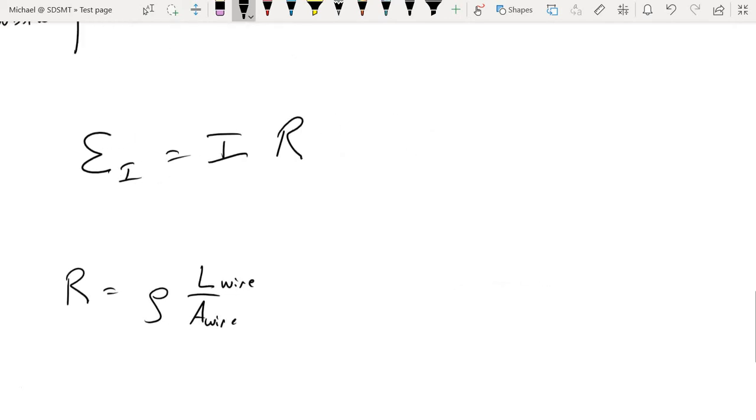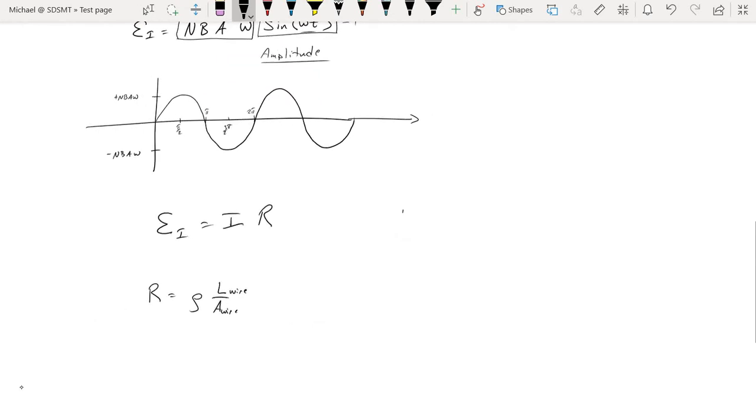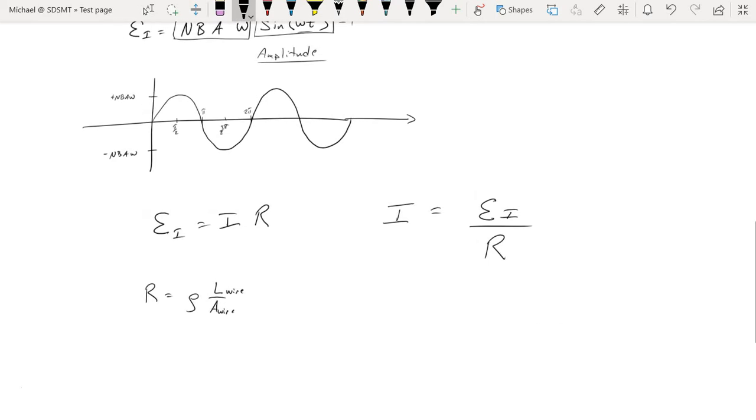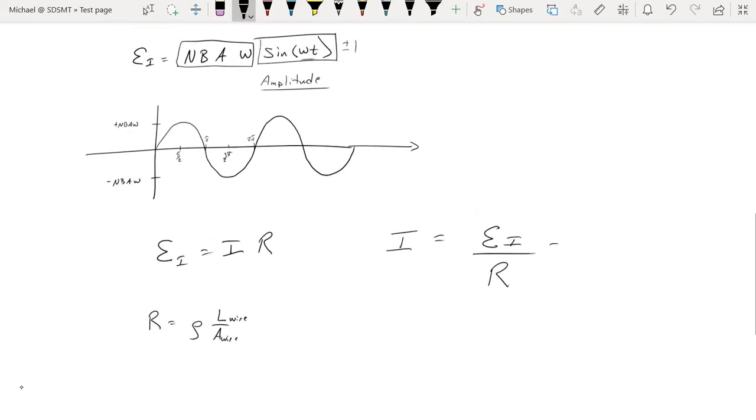As such, the induced current within this coil is only going to differ from the induced EMF by the scalar value of R. So we now have NBA omega over R, sine omega t. Got my parenthesis in the wrong spot there.